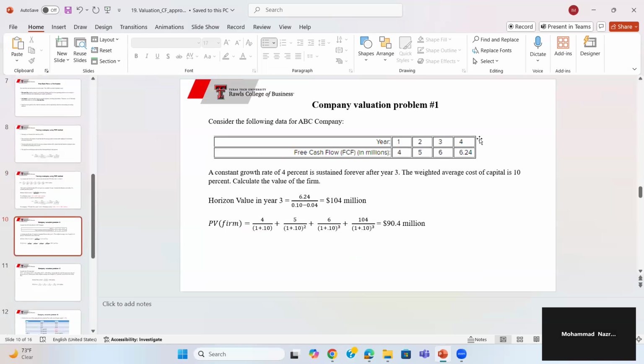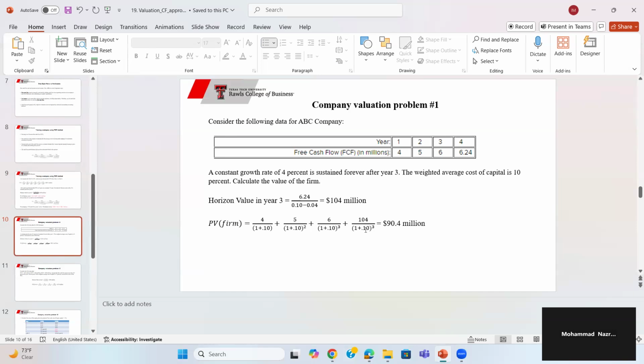Same thing here for problem 1. You have 4 years of free cash flow, and you just discount each year with the cost of capital of 10%. After 3 years there is a growth rate of 4%. So after 3 years, this 6 grows by 4% to 6.24, and with the discount rate and growth rate, you get a 104 million horizon value.